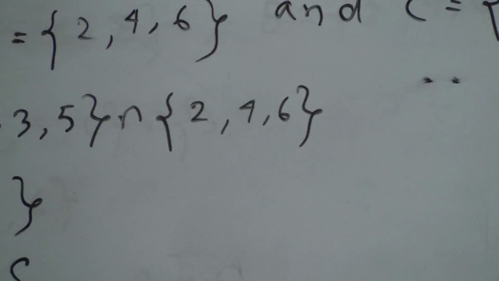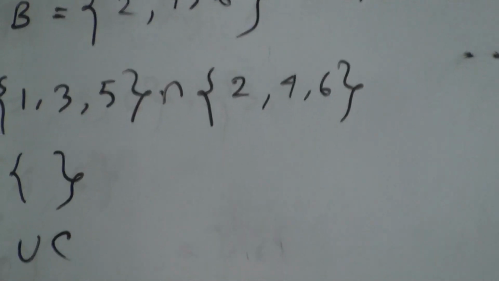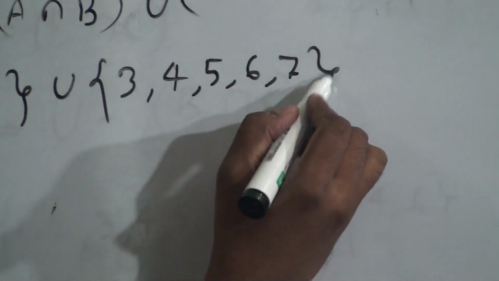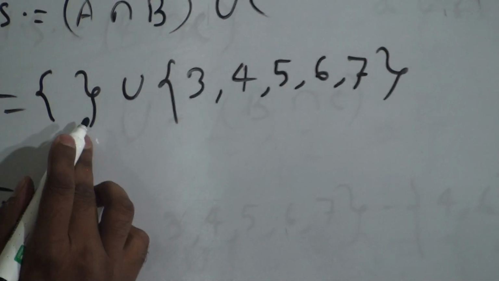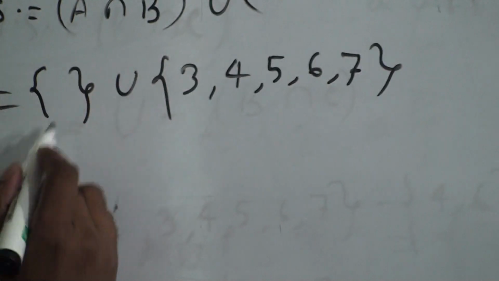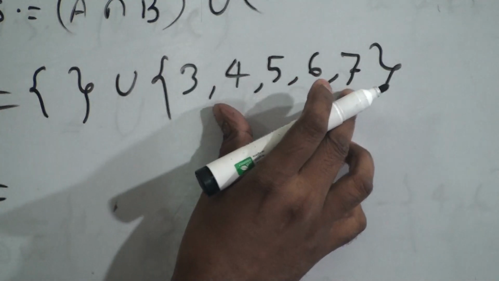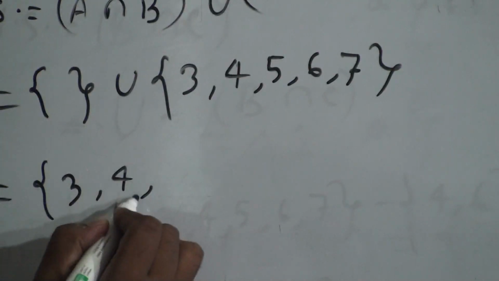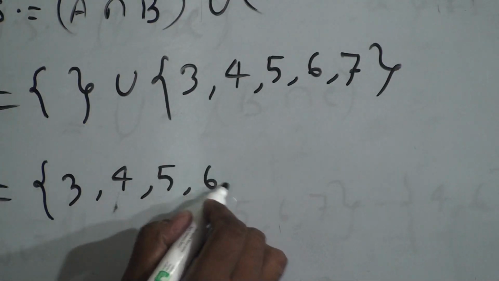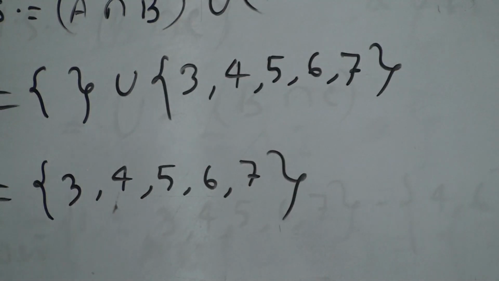Now union, so that all elements from first set and second set will come. Here any elements is not exist, so all of the elements of second set will come. That means 3 4 5 6 and 7.